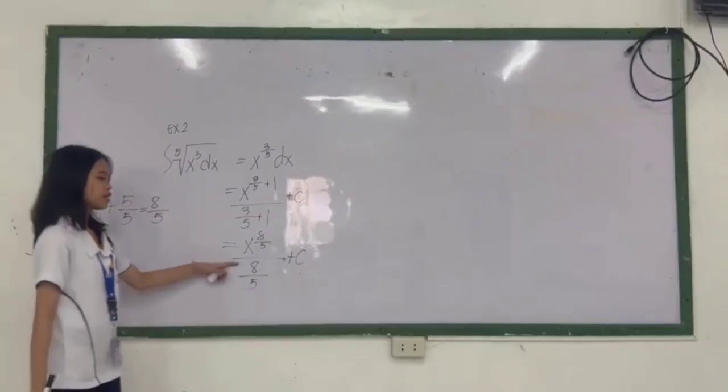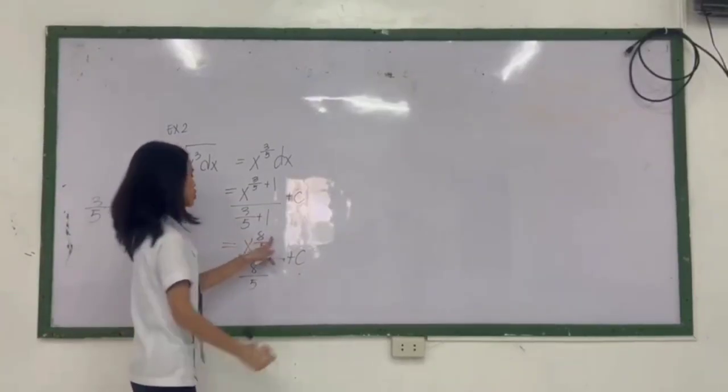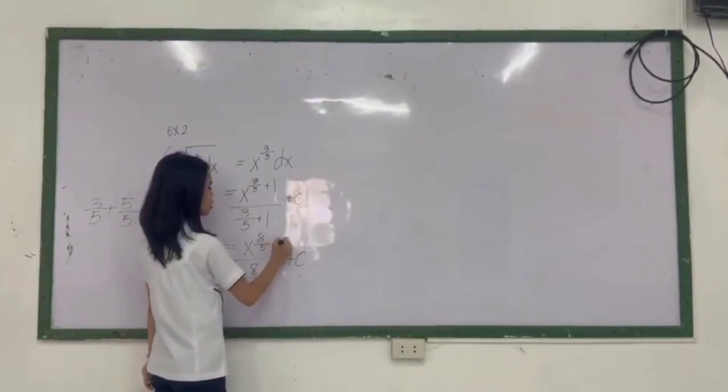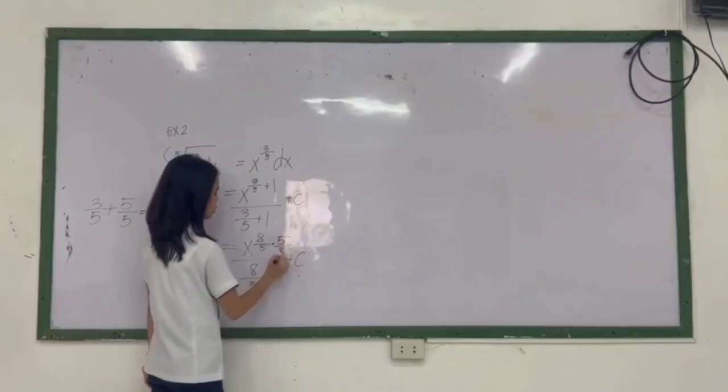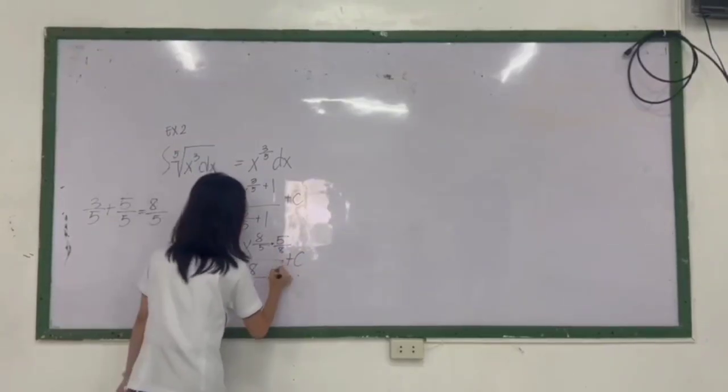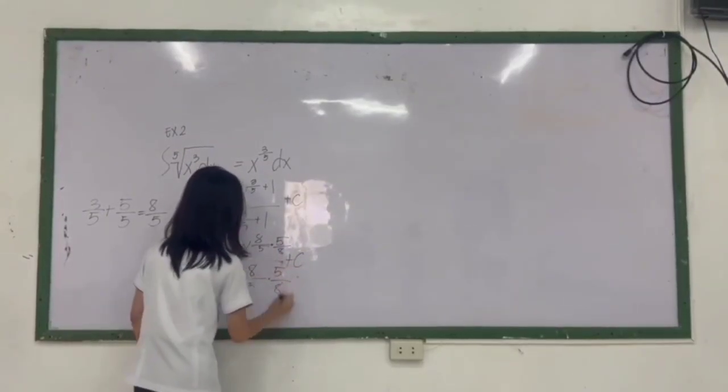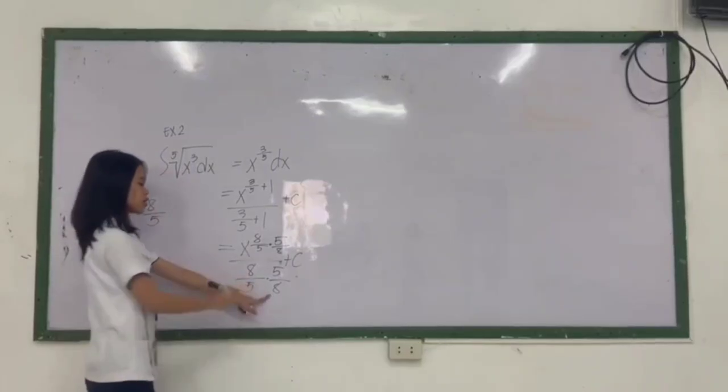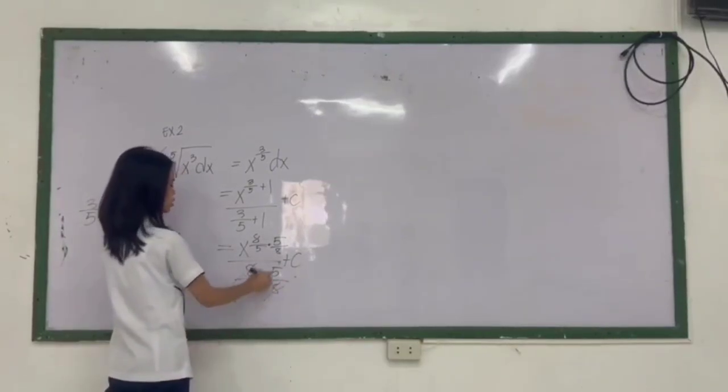Now, multiply by the reciprocal, 5 over 8. 8 divided by 8 is 1, cancel.